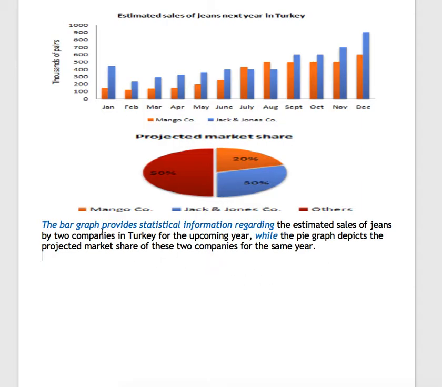The bar graph provides statistical information regarding the estimated sales of jeans by two companies in Turkey for the upcoming year, while the pie graph depicts the projected market share of these two companies for the same year.